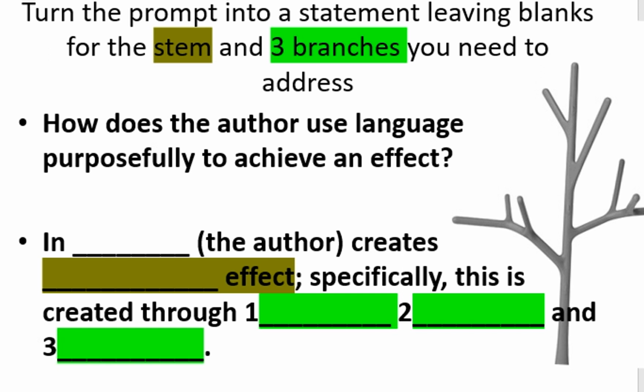Then I've got my conjunction, specifically, so that signals I'm about to go into my branches and get more specific about how the effect is achieved through language, because that is what my question asks. And then I colored my 3 branches in green. Specifically, this effect is created through 1, 2, and 3, so I will look through my text and try to decide what kinds of language I might have enough examples of to write a paragraph about, and to have enough examples means 3 examples. And all of those types of language have to add into the effect I chose.